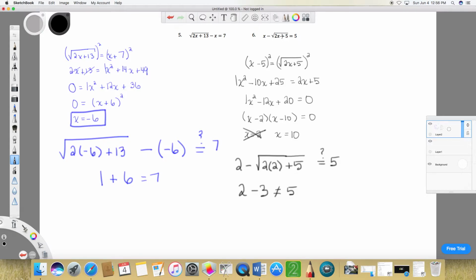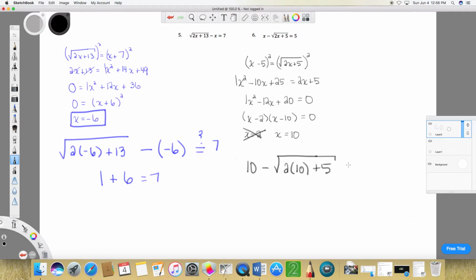All right, so let's check 10. I'm just going to erase this. I don't need this anymore. Let's plug in 10 and see if the left-hand side is equal to the right-hand side. So when I plug in 10, on the left-hand side, I have 10 minus the square root of 2 times 10 plus 5.